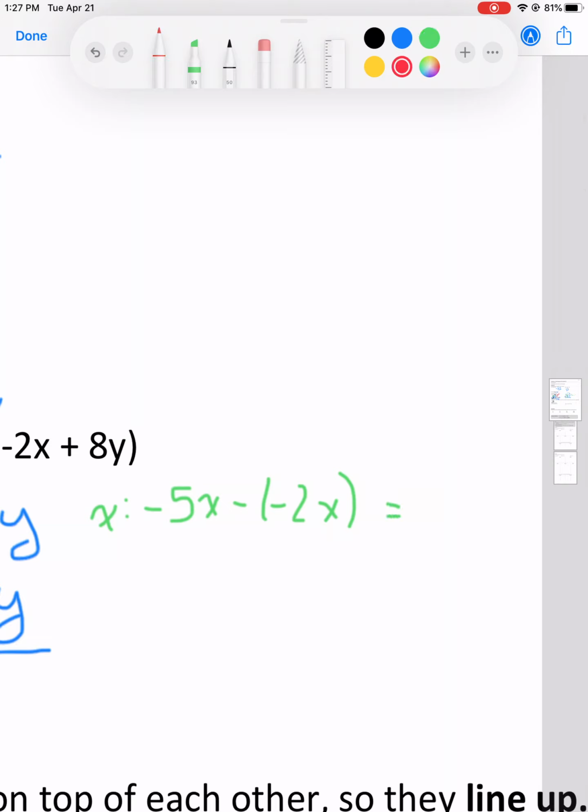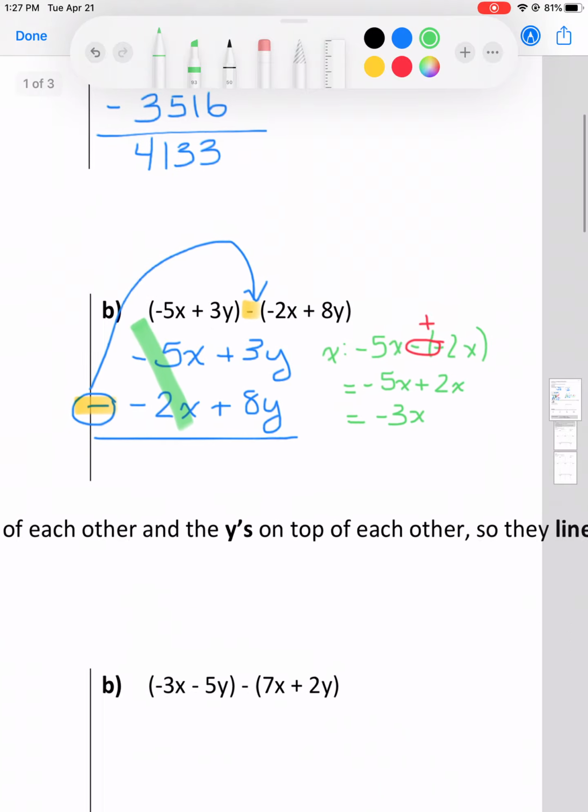Right away, two negatives make a positive. So we have negative 5x plus 2x. Use your calculator. Negative 5 plus 2 is negative 3x. So that's my answer for my first one.